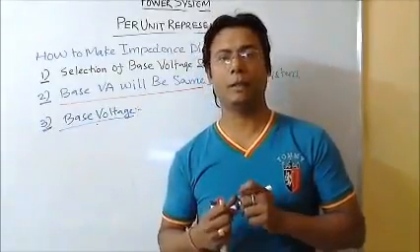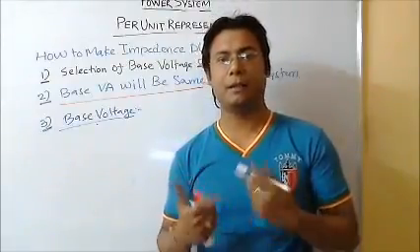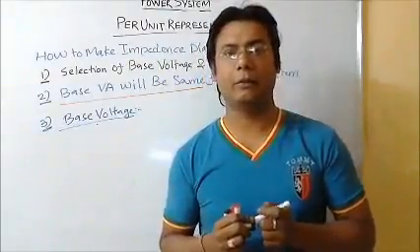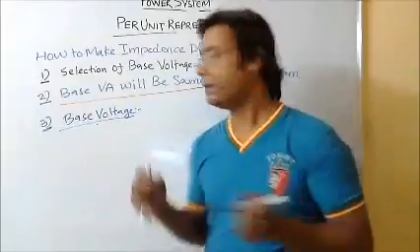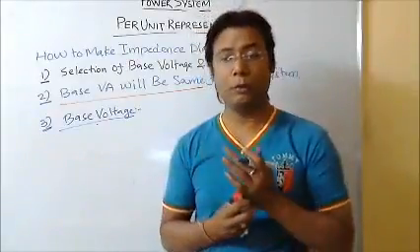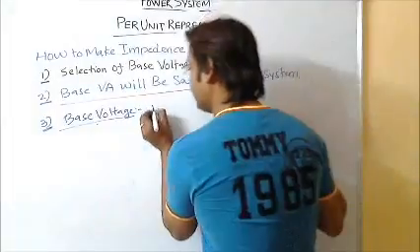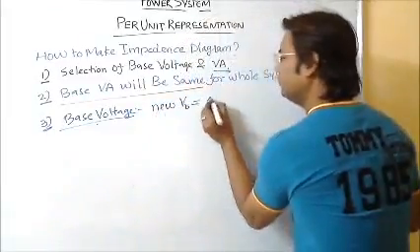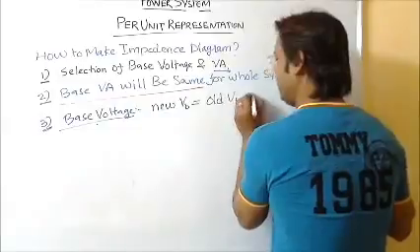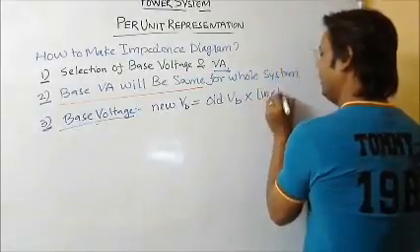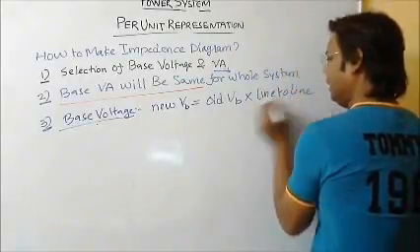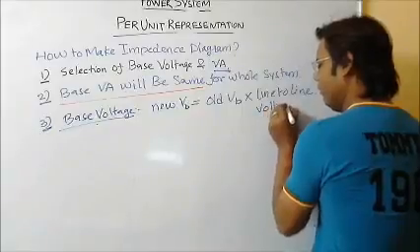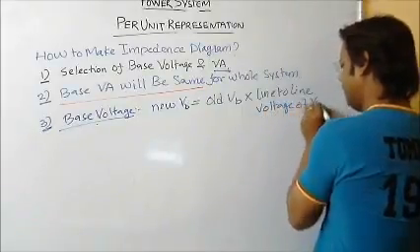Once a transformer comes in between, the base voltage changes according to the transformer. The new VB will be equal to the old VB multiplied by the line to line voltage ratio of the transformer.